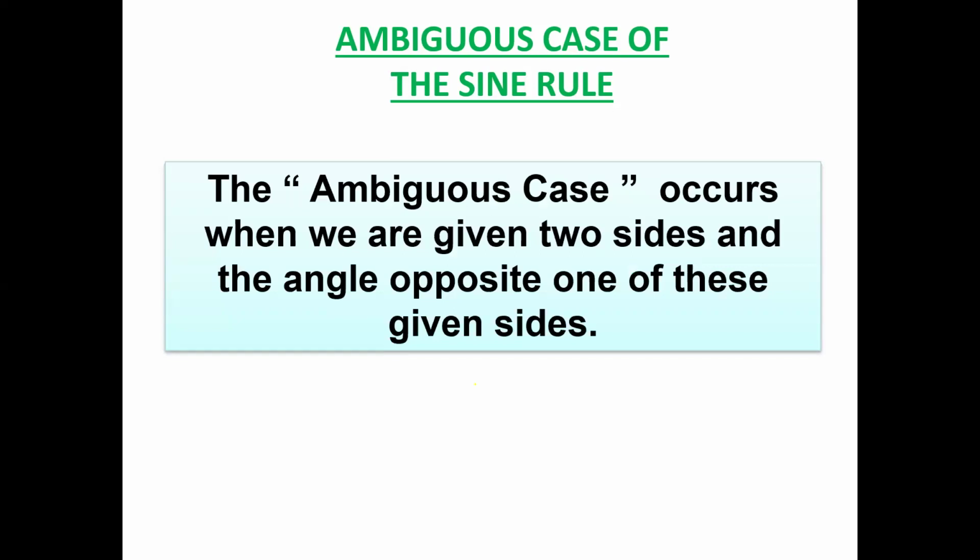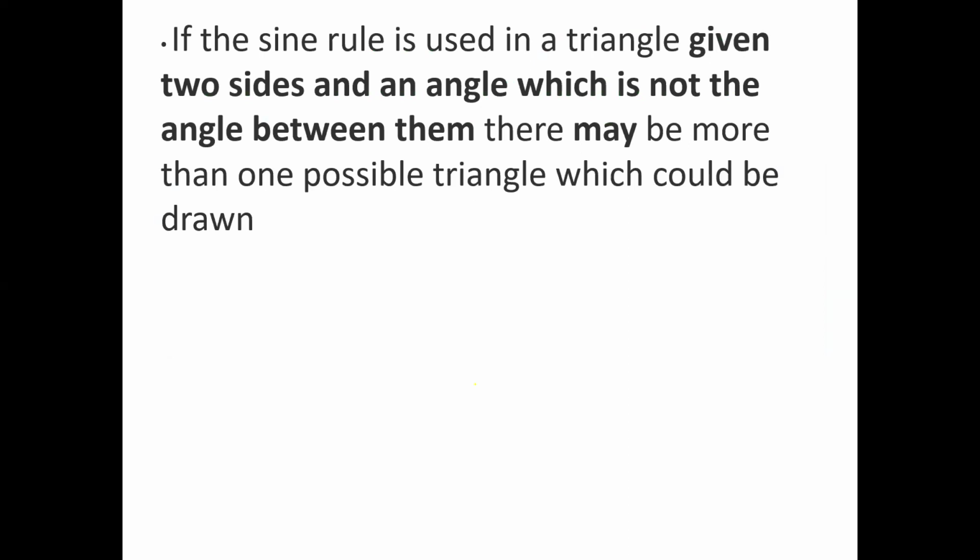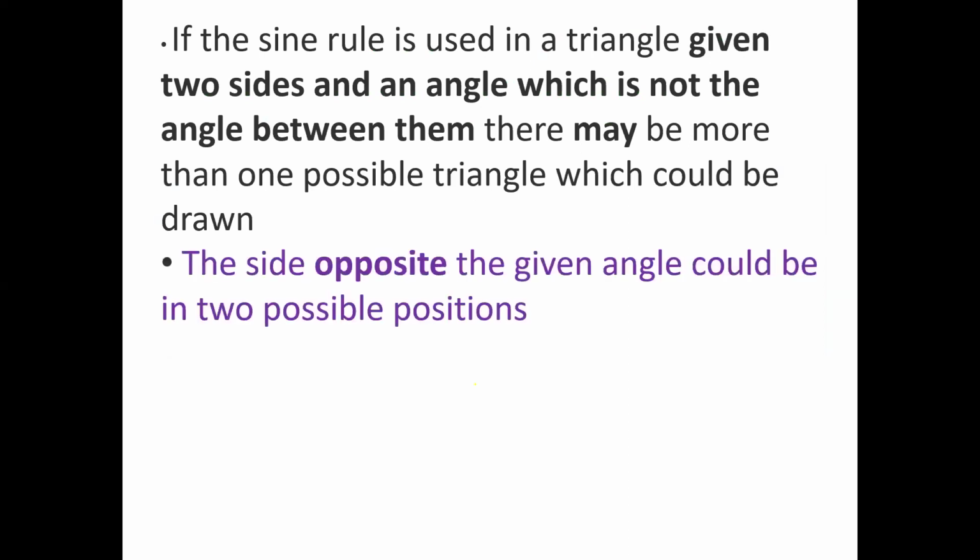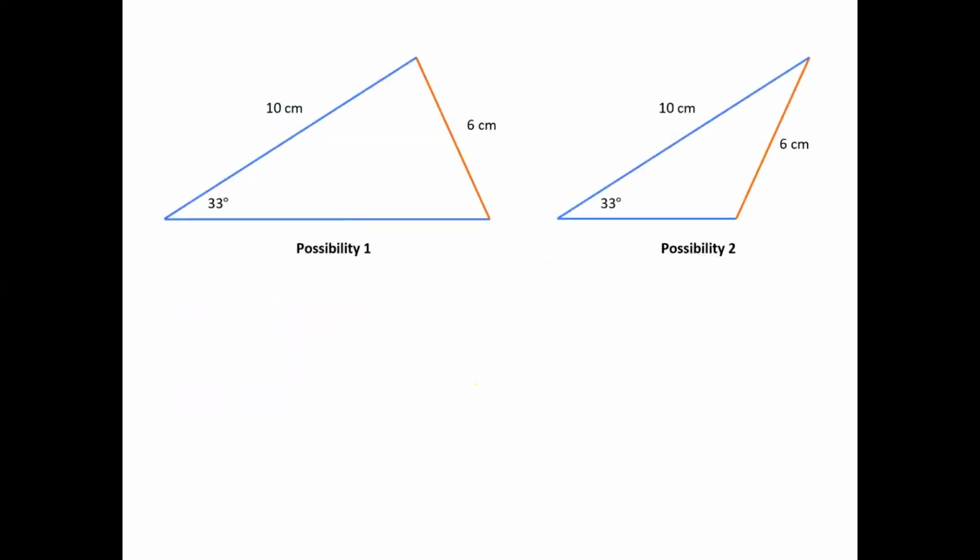It's a special case when we are given two sides and an angle opposite one of those given sides. When you solve it, you get an angle which does not look correct. Suppose the side is very small and you're getting a big angle. This is a special case which is called the ambiguous case.